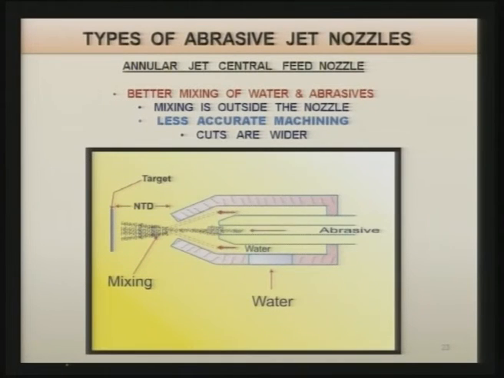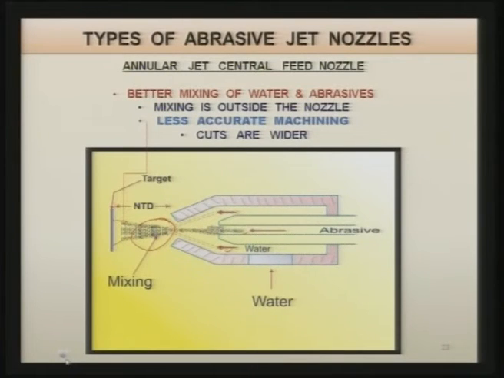As you can see here, water is coming from the sides and abrasive is coming from the central port. Both of them are mixing here outside the nozzle, and you can see the divergence taking place, and because of this divergence of the abrasive water jet, the accuracy of the cutting reduces compared to the earlier type of nozzle.